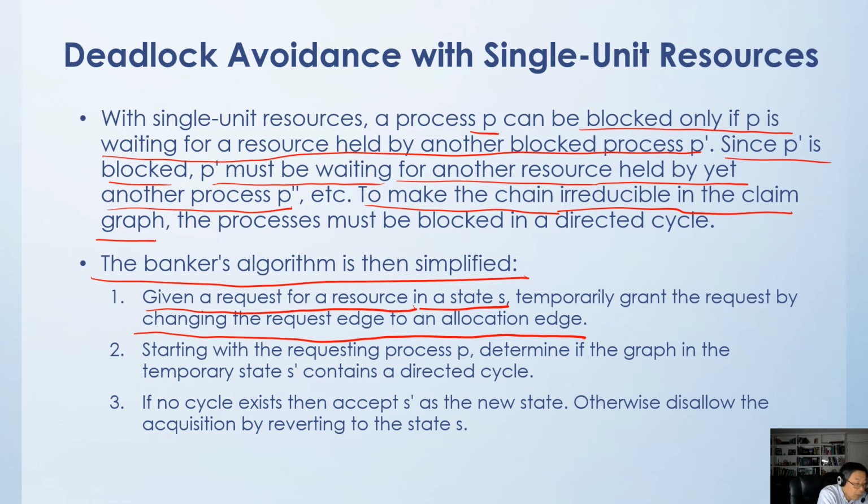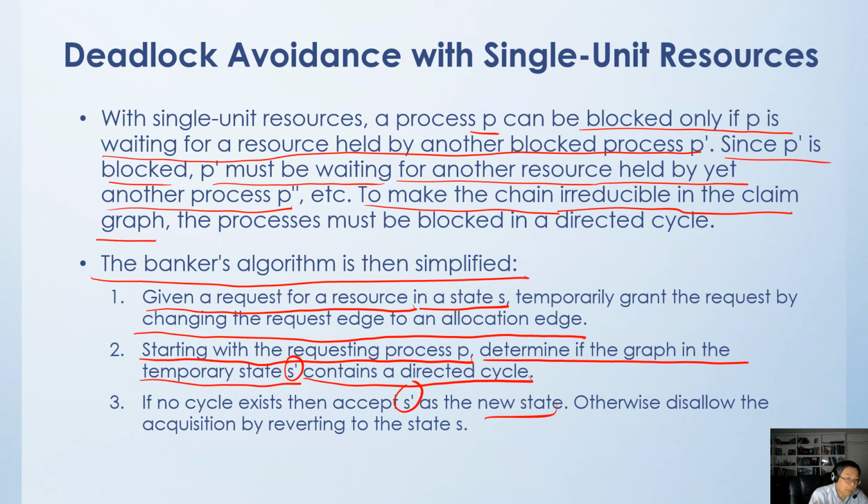Then we start with the requesting process P and determine if the graph in the temporary state S prime contains a directed circle. If there's no circle, then accept S prime as the new state. If there's a circle, that means there's a deadlock, and then we just revert to the previous state S.